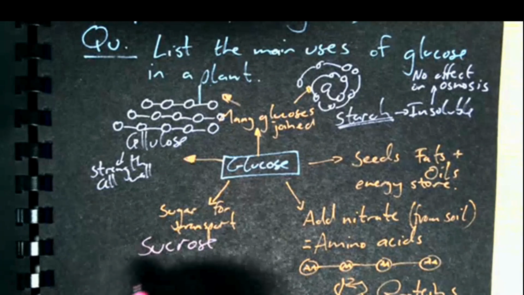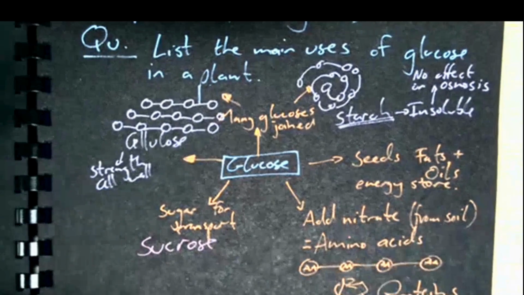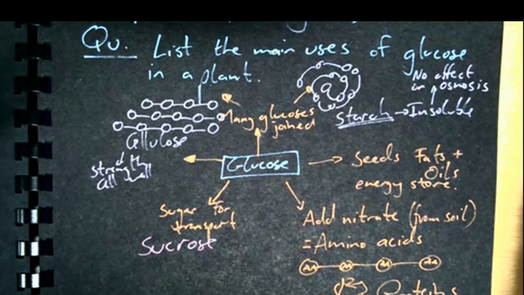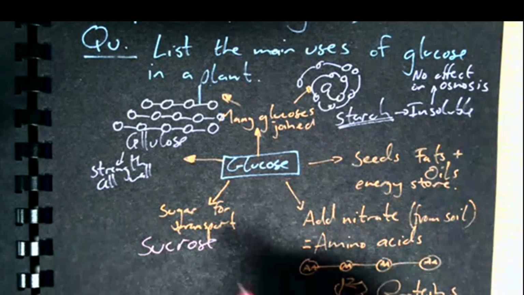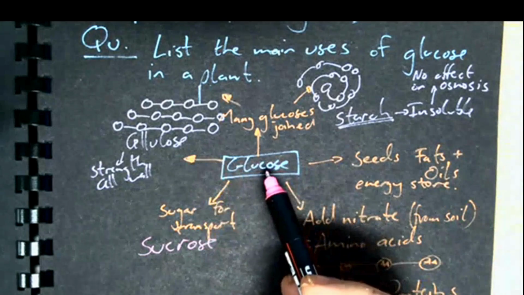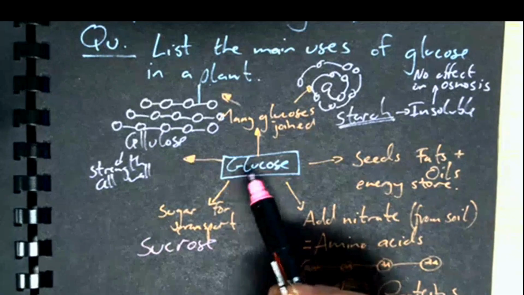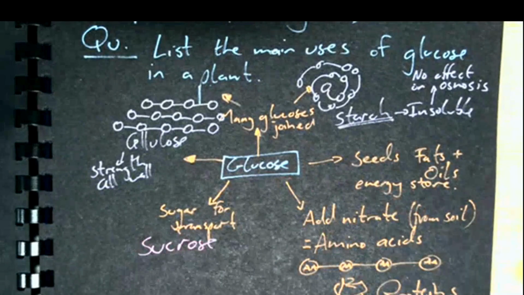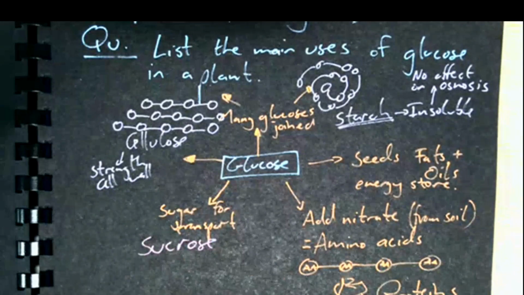Okay, so we've got sucrose, this sort of transport molecule that can then move around the plant and be delivered to the areas where it's required. So remember, this is being produced by photosynthesis. There are a lot of cells in the plant that aren't doing photosynthesis, particularly the roots, and so sucrose can then be transported through the phloem down to the roots.